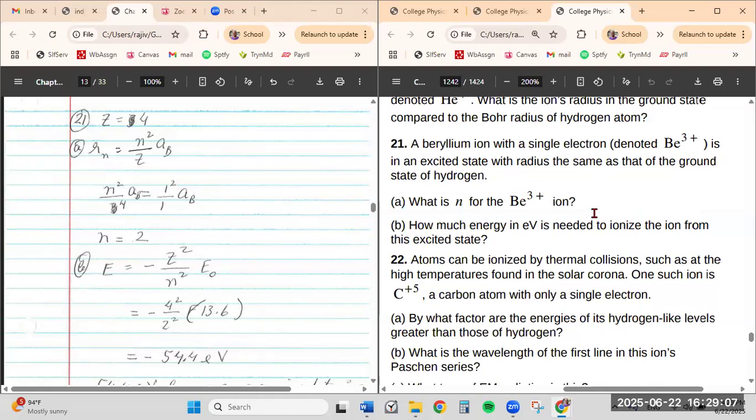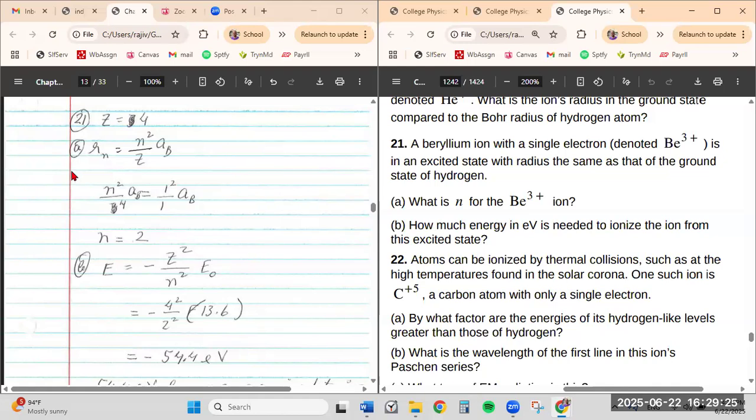In part A, we have to find the n for this beryllium ion. Beryllium, you can look up in the periodic table, has a Z of 4. There are 4 protons in the nucleus.